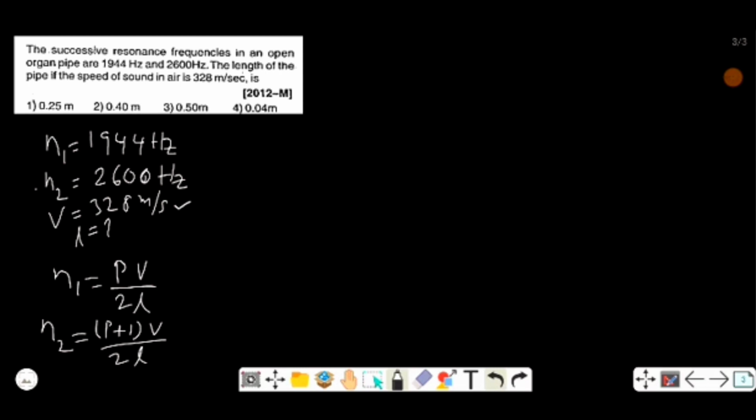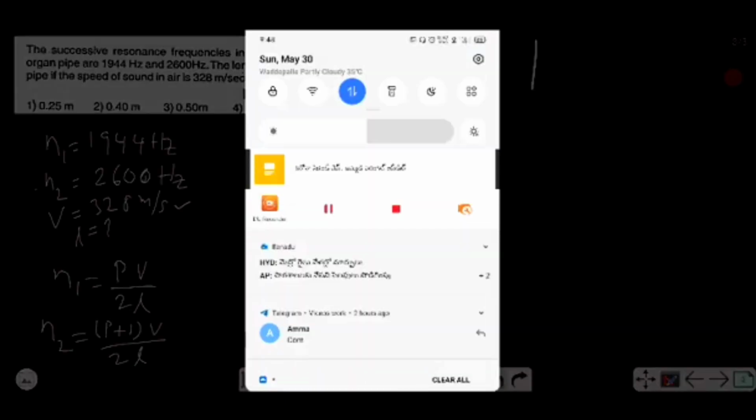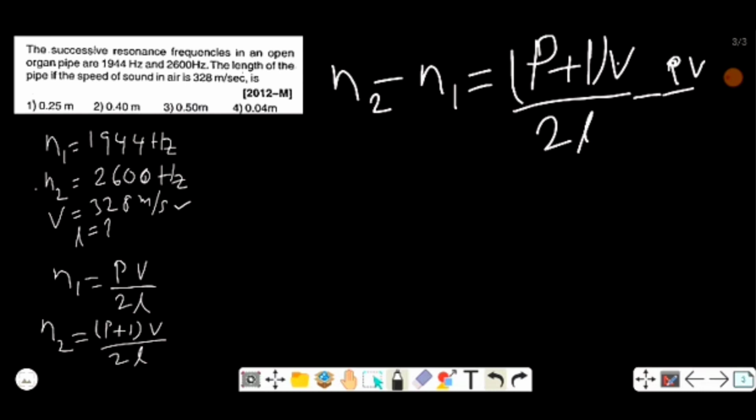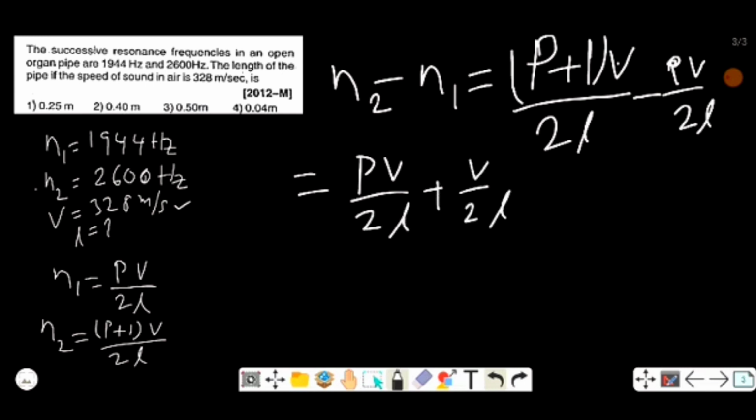For determination of L, you write N2 minus N1 is equal to (p plus 1)V by 2L minus pV by 2L, that is equal to pV by 2L plus V by 2L minus pV by 2L. pV by 2L gets cancelled, so V by 2L.